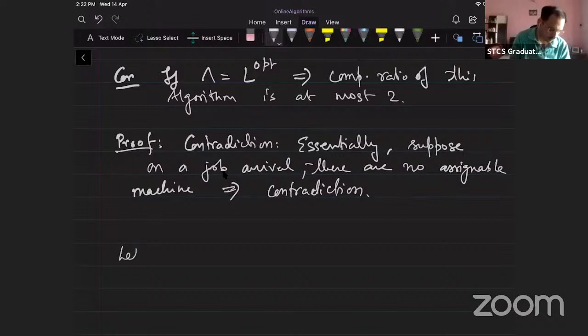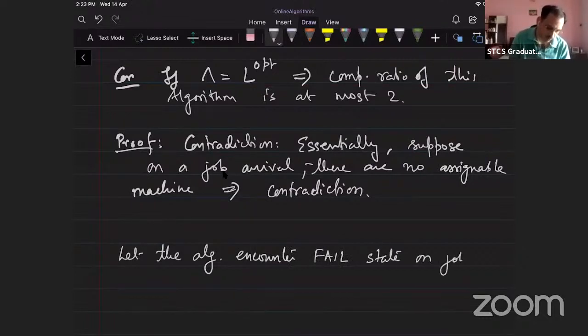So now let the algorithm encounter the fail state. That means there is no assignable machine on job J's arrival. So job J, which we are indexing, is the job at which there is no assignable machine.